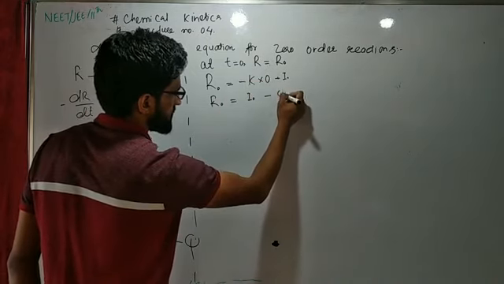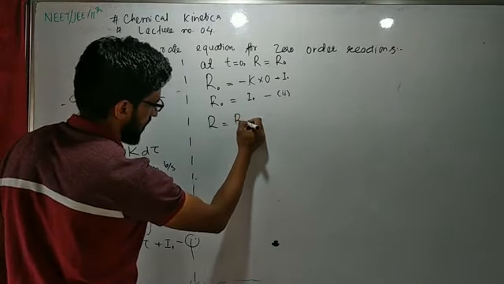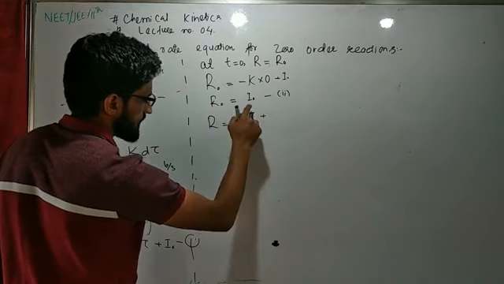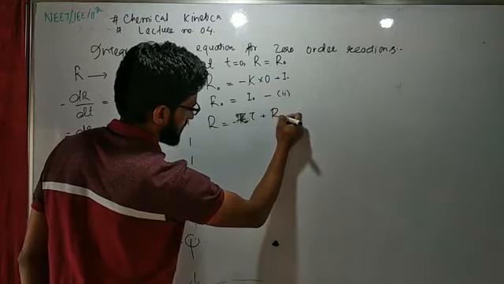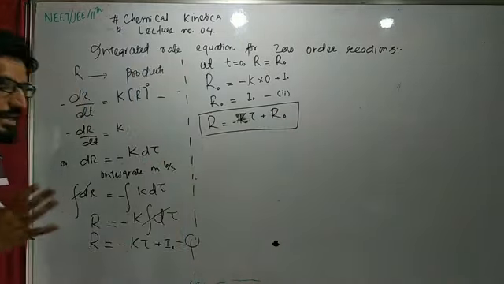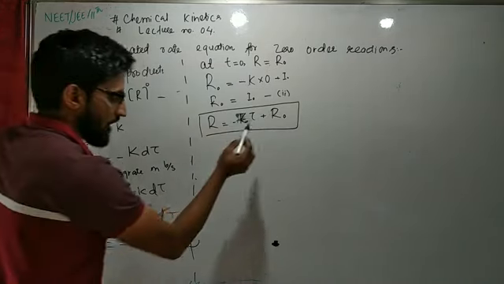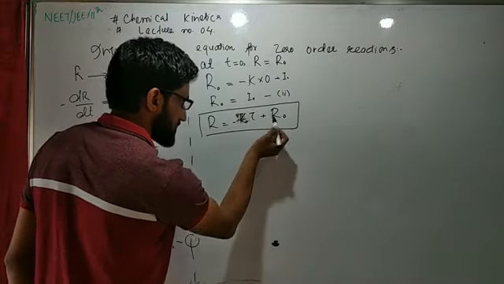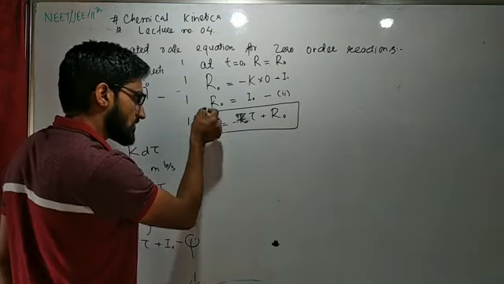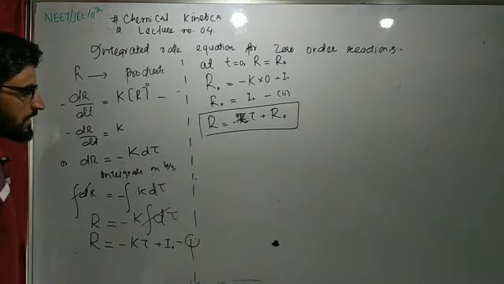Now use this in equation first. R will be equal to minus kt plus R naught in place of I naught. This is the expression for the integrated rate equation for zero order reaction. The meaning of the different terms: R naught is the initial concentration of reactants, R is the concentration of reactants at time t, and k is the rate constant.